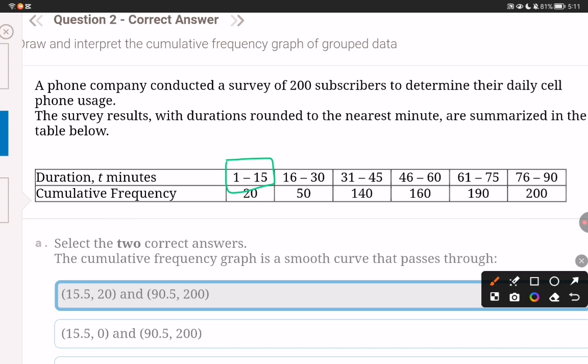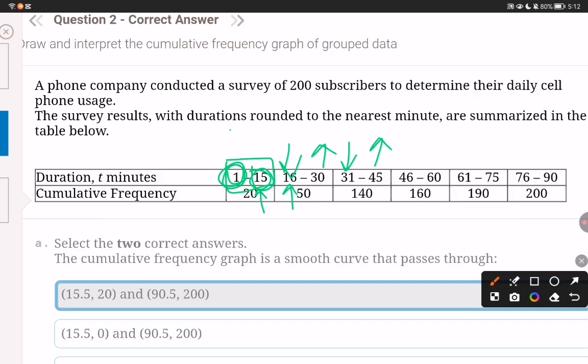And another issue is that this value is not the same as this value. So what we're going to do is remove 0.5 from the first value of each interval and add 0.5 to the second value. So we're going to remove 0.5 from 16, add 0.5 to 30. Remove 0.5 from 31, add 0.5 to 45, and so on and so on.